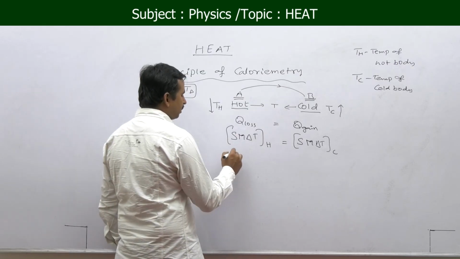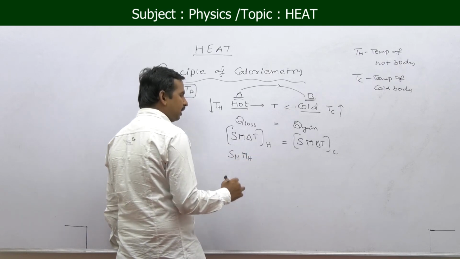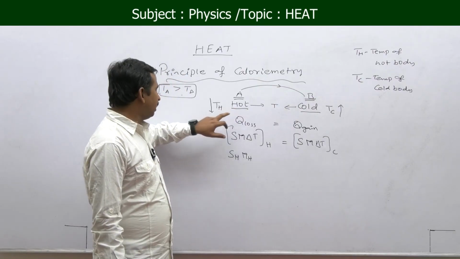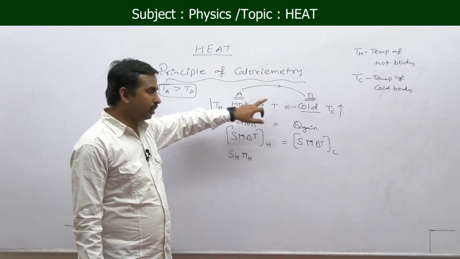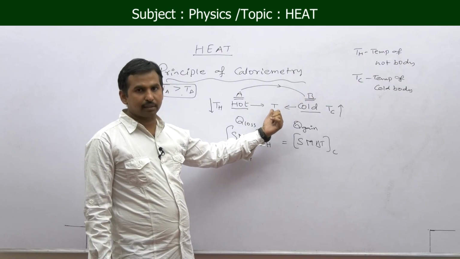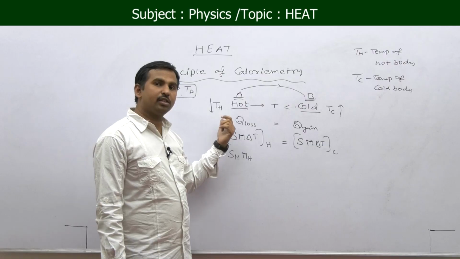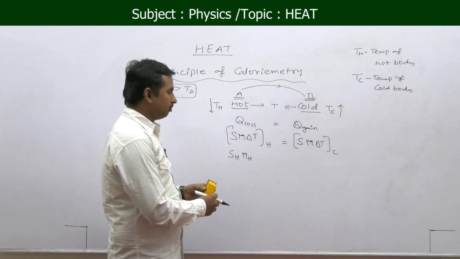Then S means the specific heat of the hot body, m means the mass of the hot body, and delta T is the change in temperature. Actually the initial temperature is TH, and the final temperature is T. So, as it is decreasing, TH is more and T is less, T being our common temperature. Okay. That is why the change in temperature becomes TH minus T. Okay.